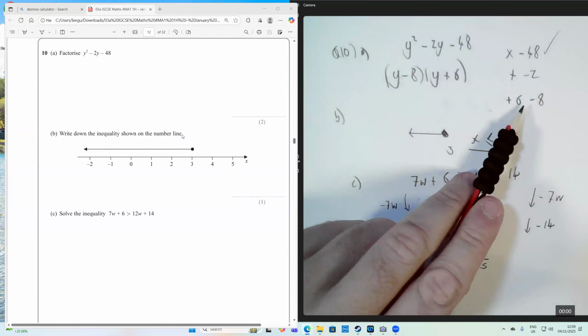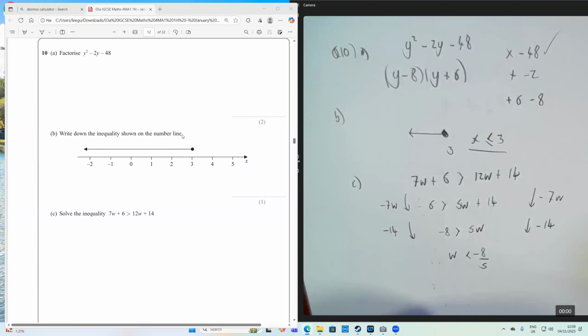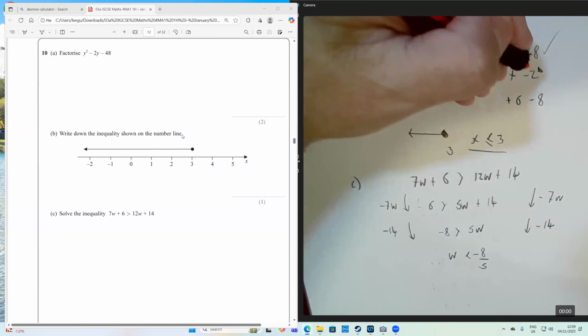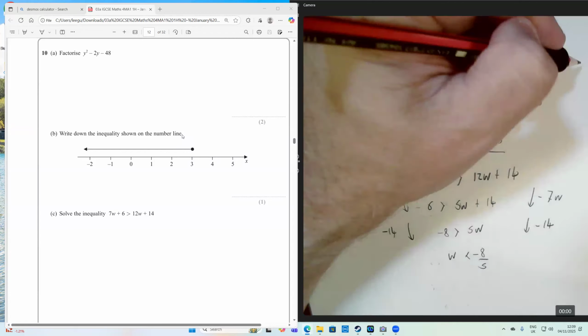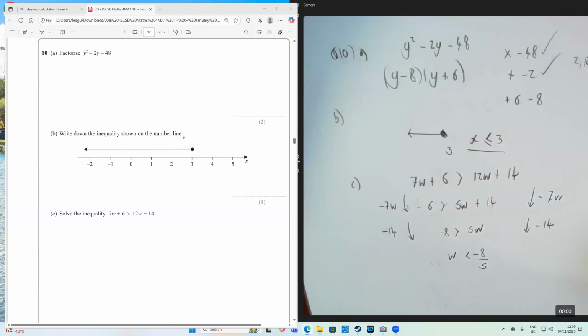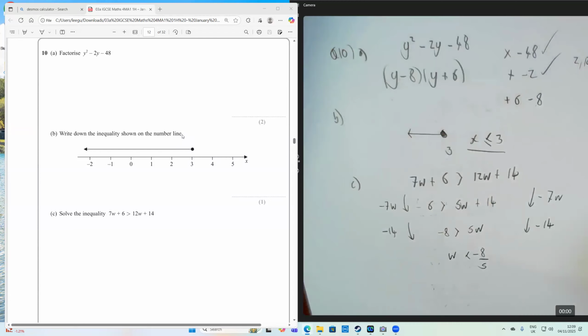And minus 8 add 6 would make minus 2 as well. So that seems to be correct. All we have to do with these particular factorizing ones is experiment with different possible factor pairings. You might start, for example, with 2 and 12 and think about whether that would work. But eventually you would get to this combination here.